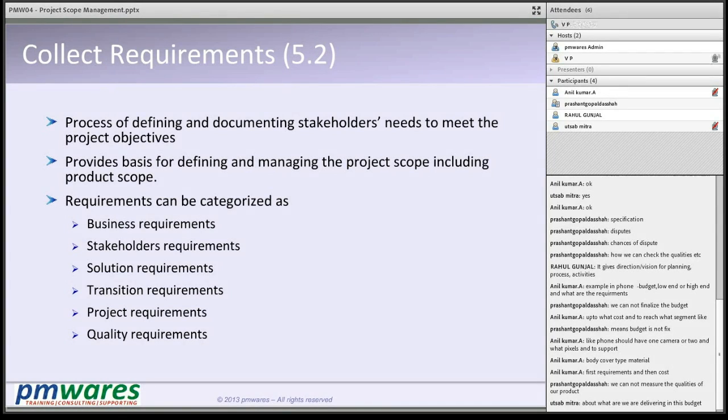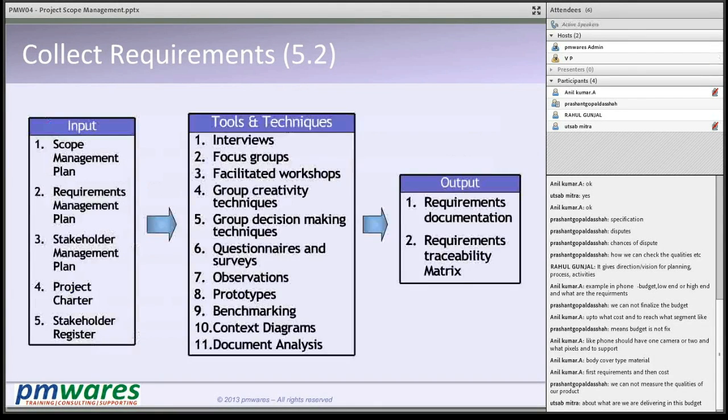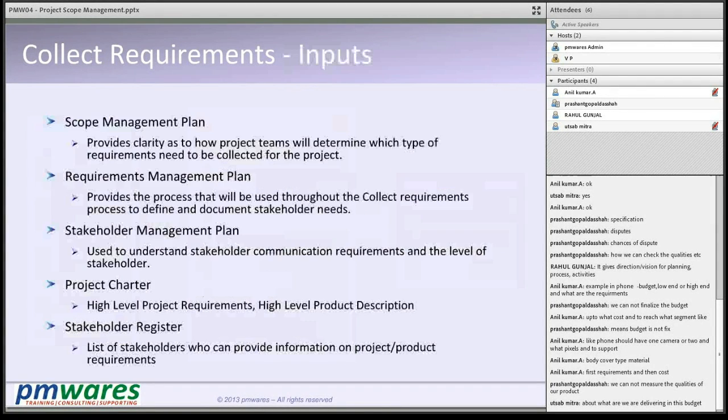So all the requirements related to business, solution, technical, transition after the project is complete, project quality requirements, all non-functional requirements, functional requirements, all requirements are to be part of it, and there are various tools and techniques we use for collecting the requirements. I will come to them one by one.